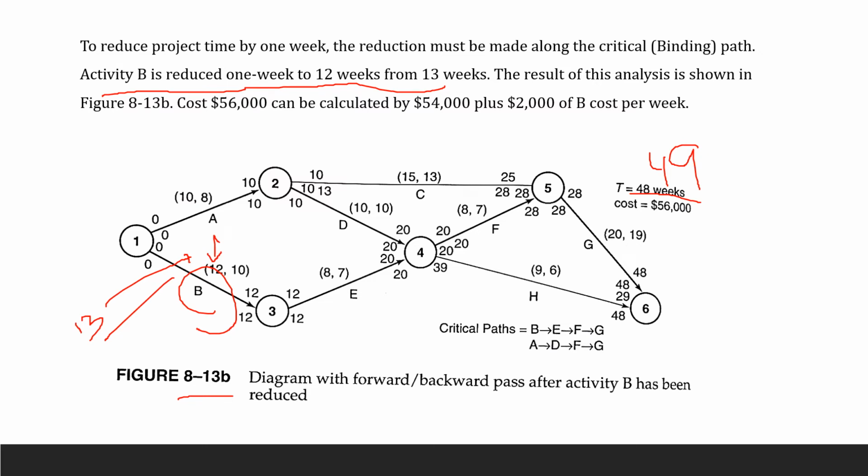So therefore 1 week saving on activity B is going to increase the project cost from 54,000 to 56,000 because 1 week is going to cost $2,000, yeah? So $2,000.